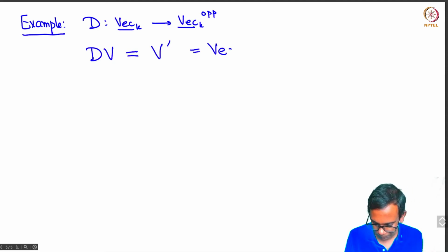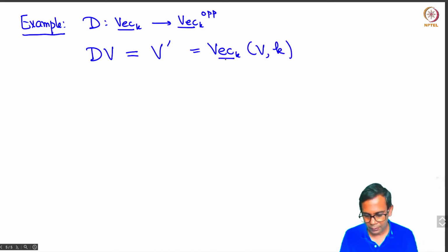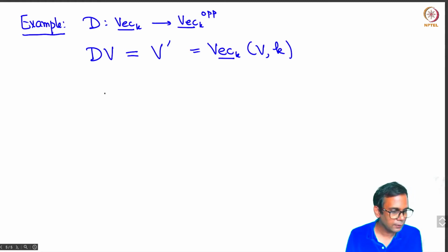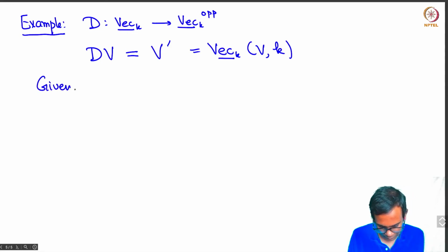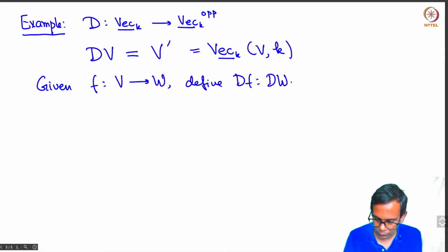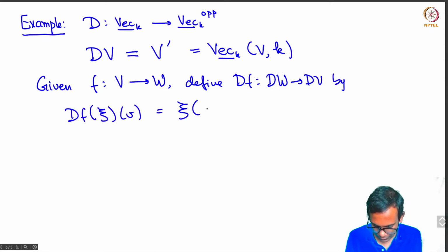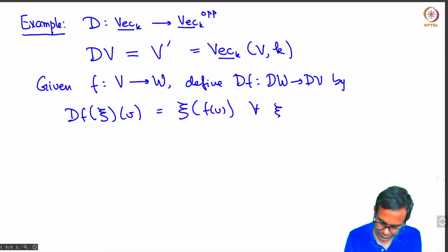So this is the category theory language. You can say this is the linear maps from V to K. And now you can also talk about this as a functor: given f from V to W, we can define D f from D W to D V by D f of xi of v equals xi of f of v for every xi belonging to W prime and v belonging to V.